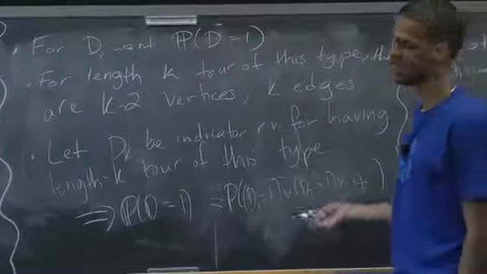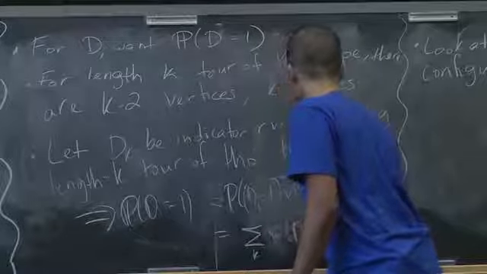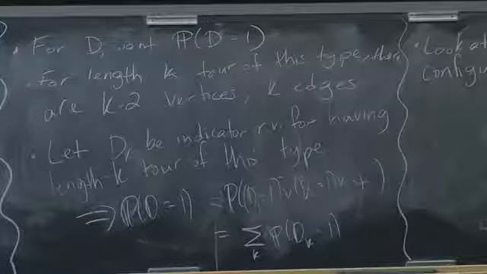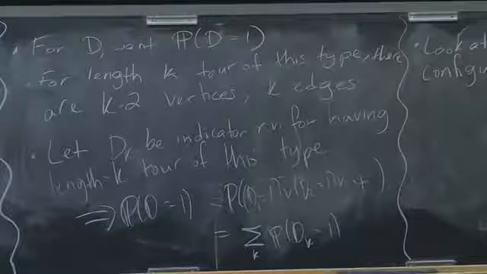But these are actually disjoint events, so this is equal to the sum over k of the probability that dk is 1. Does that answer your question? I was saying something silly anyway. But yeah, that makes sense. All right, so you believe it? Yeah, I believe it. Okay, good.